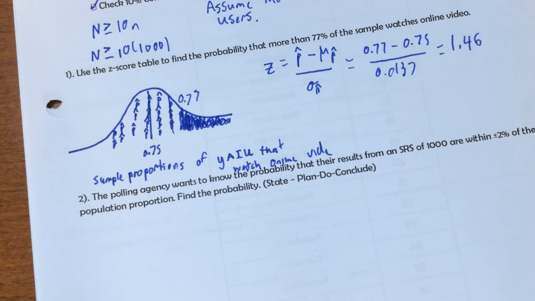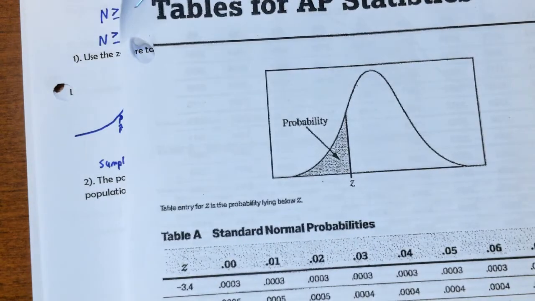Then I can look in my z-score table for 1.46.